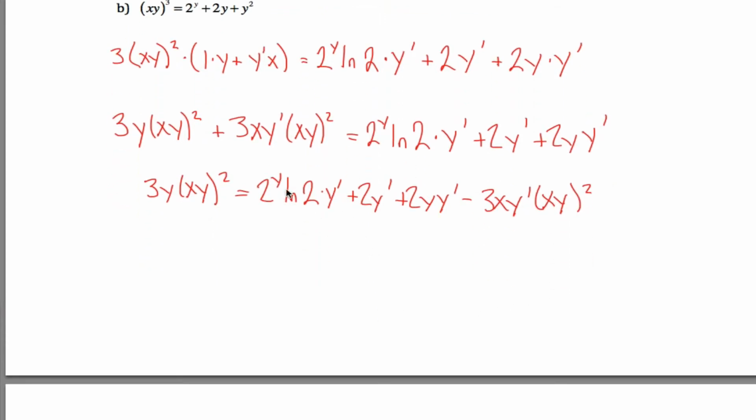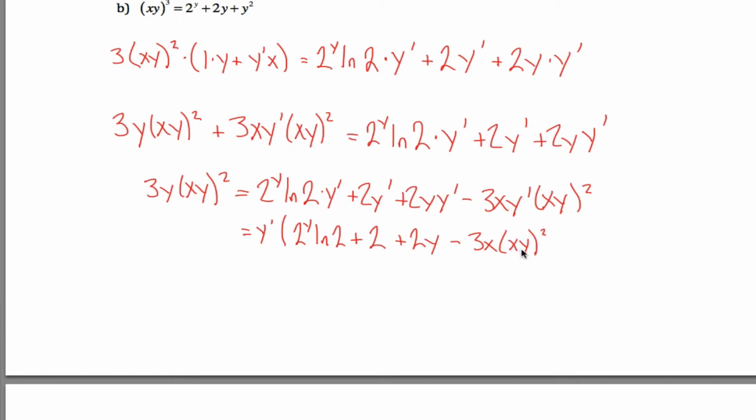Now what I have are a bunch of terms on the right-hand side of the equation that all have a y prime in them. So I'll factor out that y prime, and what I'm left with is 2 to the y natural log of 2 plus 2 plus 2y, minus 3x times xy squared.